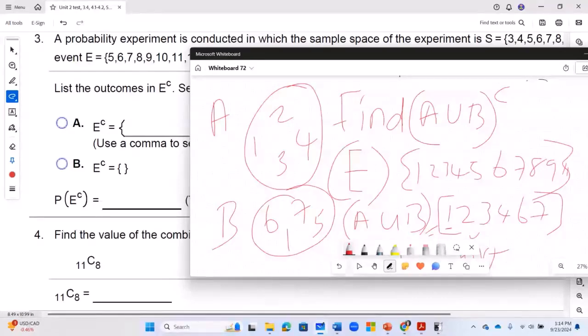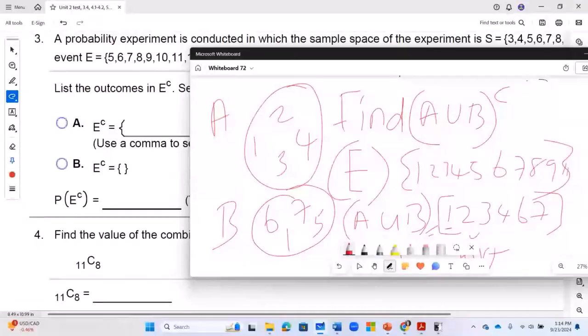Now, if I am told to find the complement of the union, it will be everything that is not in A union B, but is in the universal set.